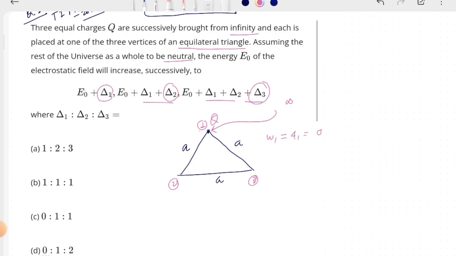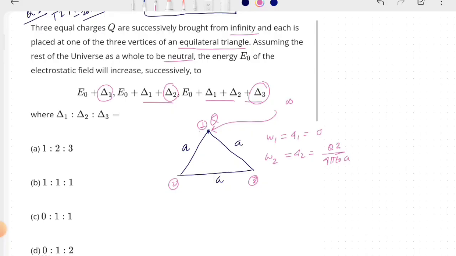And when the charge Q is taken from infinity to point 2, the work done W2, which is delta 2, is Q square upon 4 pi epsilon naught A. We had already discussed that.